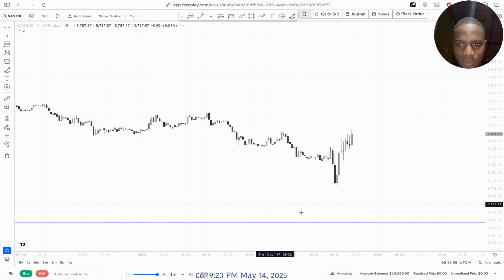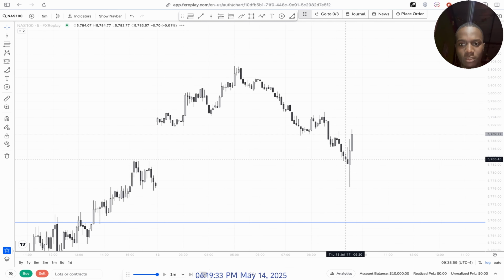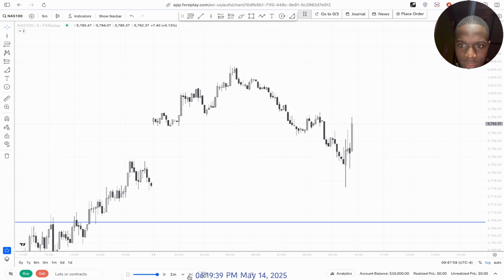When we got the 1 minute, we can see that there's a first presented fair value gap, and then someone could enter here, but I really can't get myself entering at this time frame, so maybe I may go on another time frame and test it. So 5 minutes. Okay, well, crazy drop then.